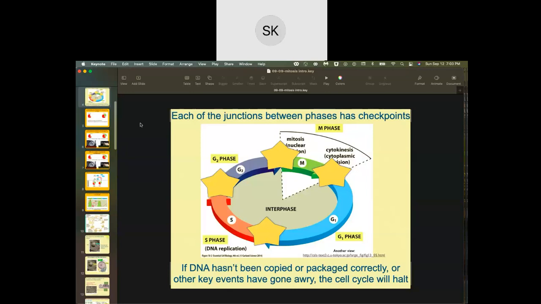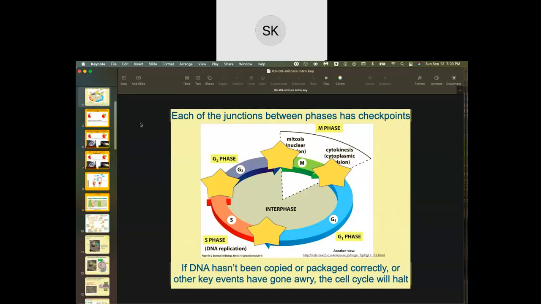And these proteins are present in each of these different stages. So in other words, G2 has its own cyclin-dependent kinase. Mitosis has its own cyclin-dependent kinase. And each of these stages needs their own CDK because it's these specific CDKs that are going to signal to the cell that, hey, we need to move into the next stage.